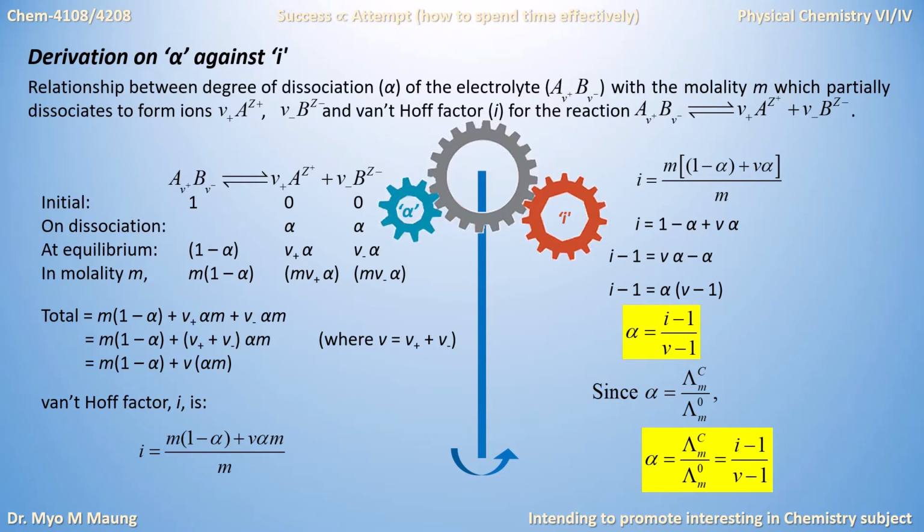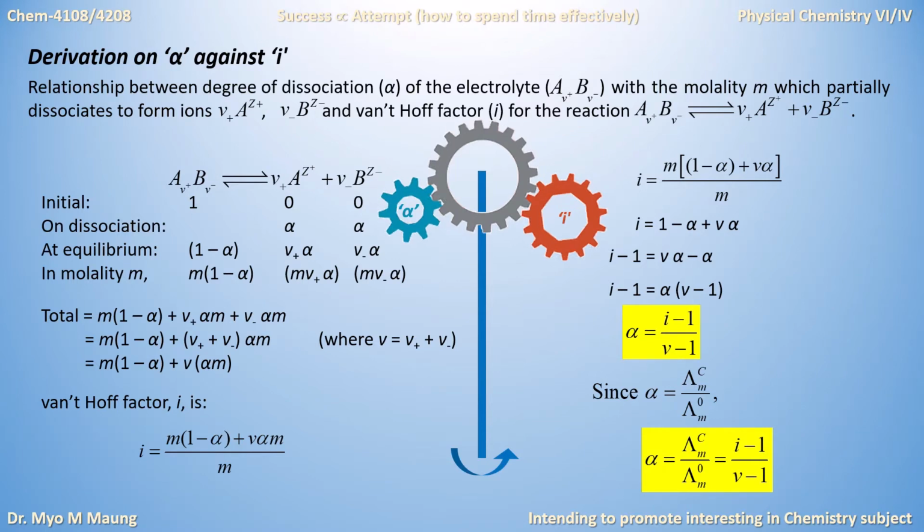So, assume that an electrolyte AB with molality m has become dissociated partially to form a cation of ν plus, A^z+, and an anion of ν minus, B^z-, for this given chemical reaction. In the reaction, electrolyte AB is in equilibrium with ν plus A^z+ plus ν minus B^z-. Initially, the electrolyte AB is 1.